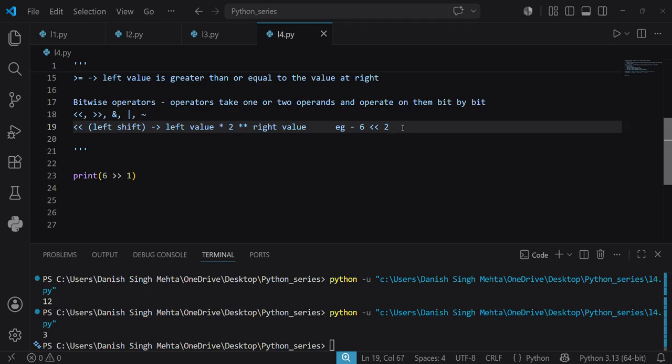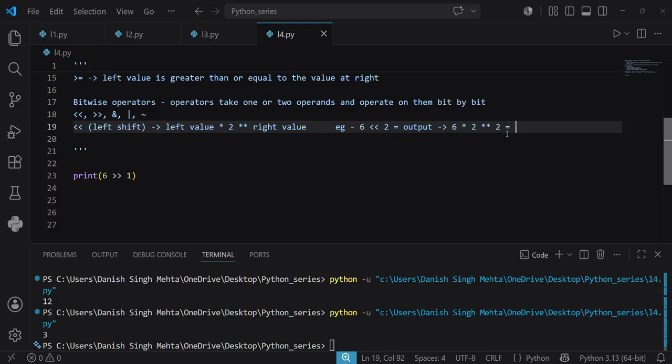So what will be that value? The output will be 6 multiplied by 2 to the power of 2.